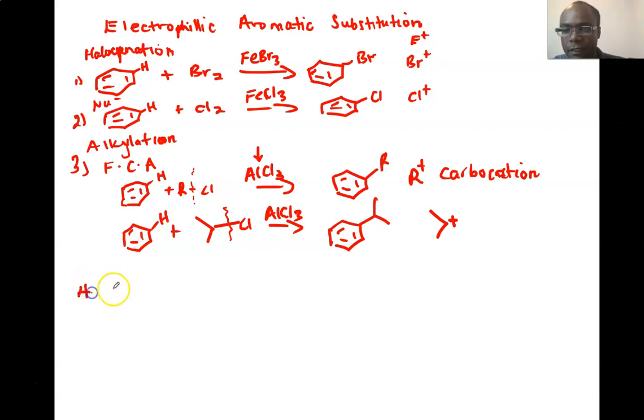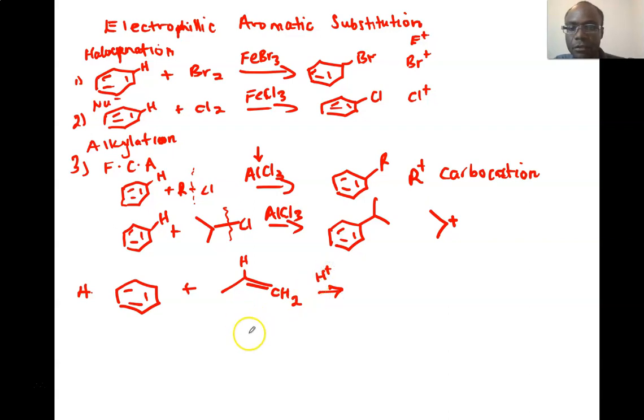Alternatively, under alkylation, you use an alkene. For example, I'm going to use a basic alkene, propene, but it has to be in acidic medium. Remember the Markovnikov rule? Basically what the alkene will do is pick up the hydrogen by Markovnikov addition.